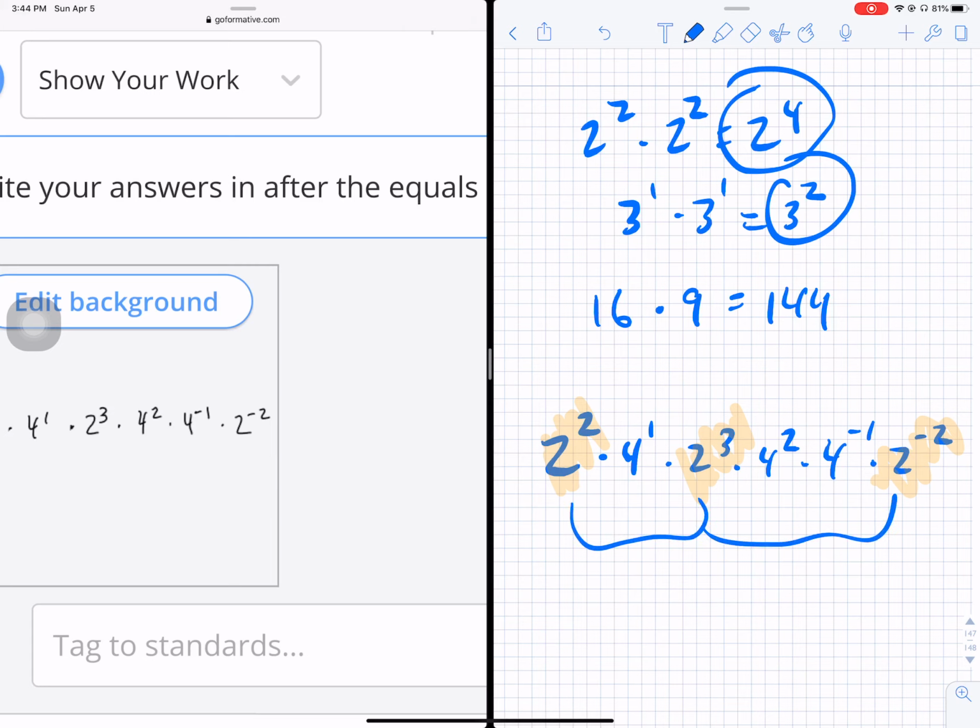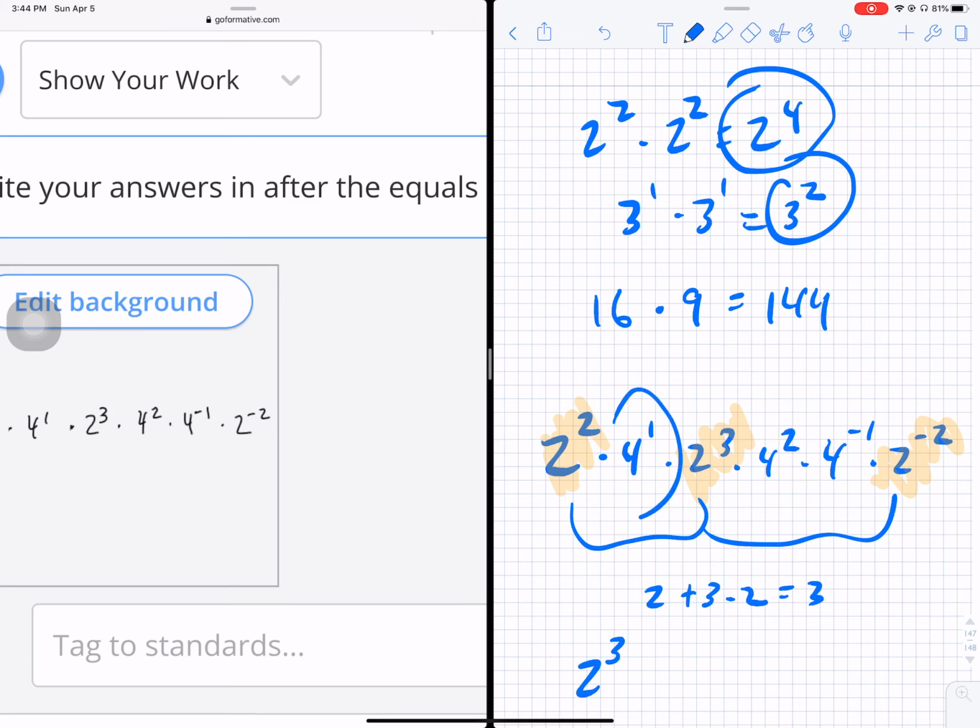Because the bases are the same and they're all multiplying, I get to add together the numbers, 2 plus 3 minus 2. Those are the exponents, and that's just 3, right? So the answer for the 2 side is 2 to the third power.